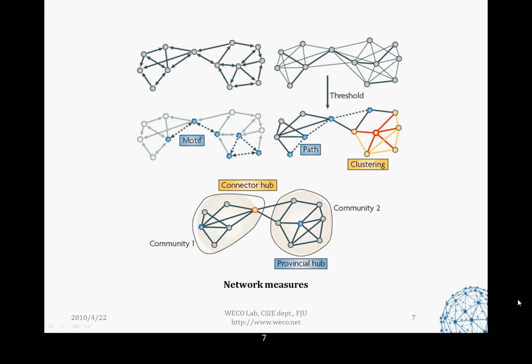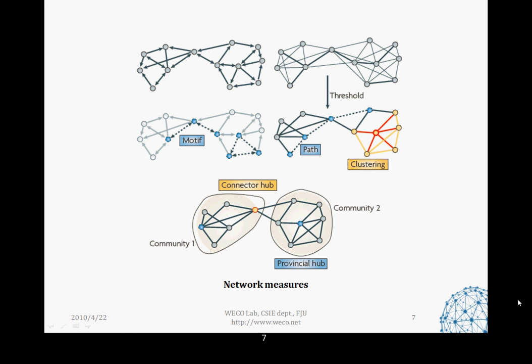If we put the threshold on, we just get the black lines, and we can clearly categorize where the clusters are. But I think that's the trade-off. Just as we learned about social networks, sometimes weak ties can be strong and have a strong effect on the network.